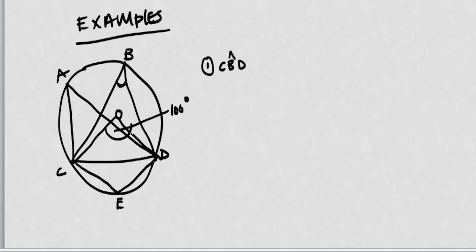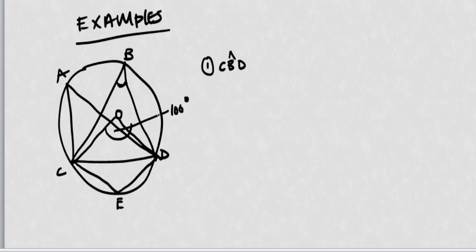We always go for the angle which is at the middle. Now the angle at B is an angle at the circumference. Then if you remember, we already have an angle here at the center, and this angle is 100 degrees.